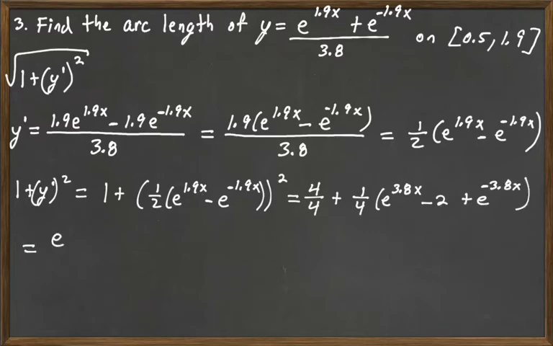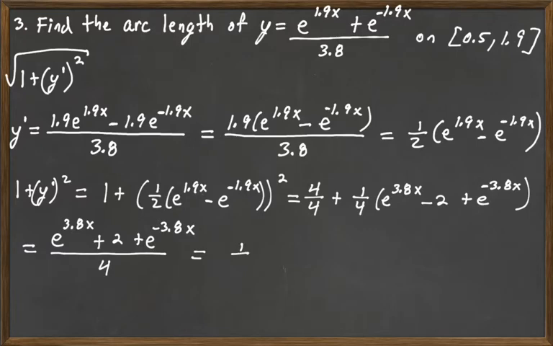Now we have a common denominator here, so we can add the like terms. 4 and a minus 2 is going to make a positive 2. So we have (e to the 3.8x plus 2 plus e to the negative 3.8x) all over 4, and that's going to factor.